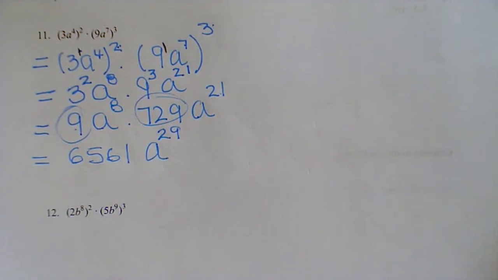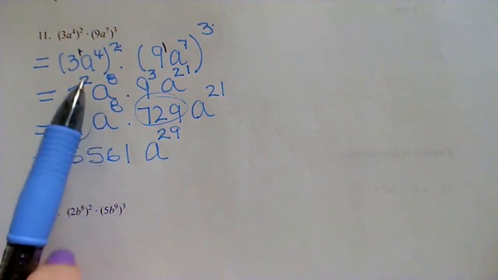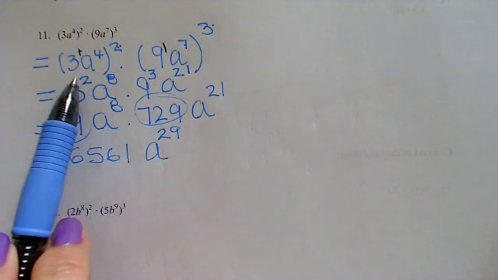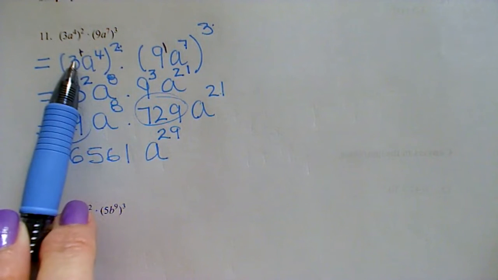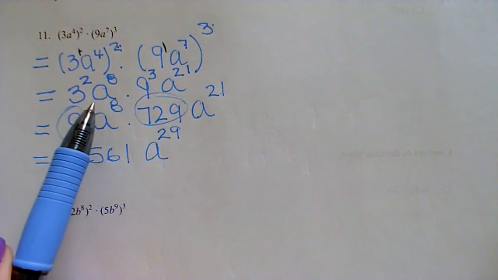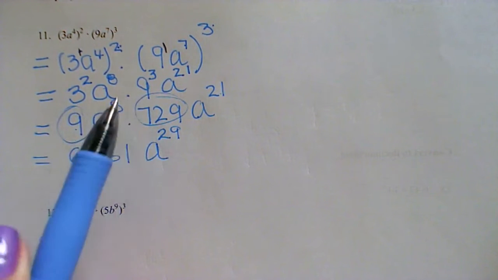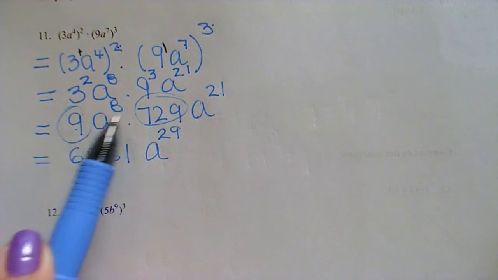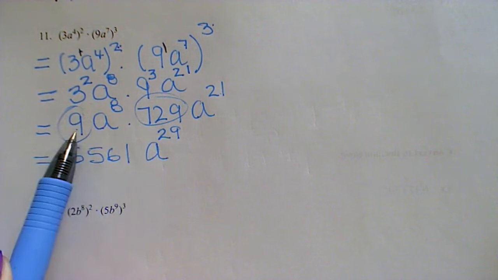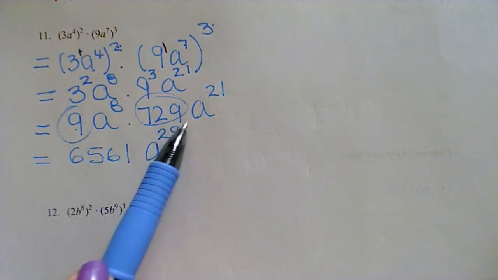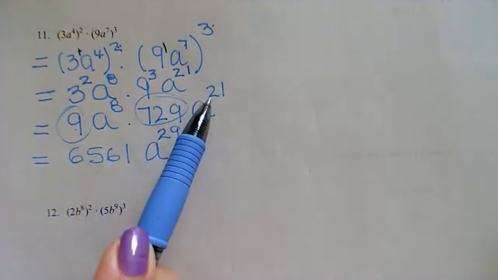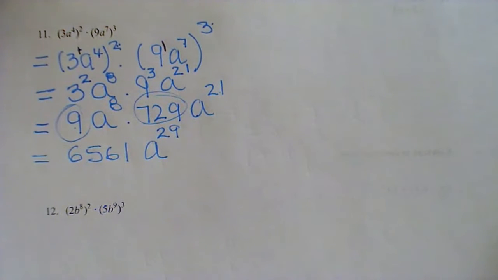All right? So first, I did the property power to a power. That's what I did. Then, because we have the same base, I'm going to add the exponents. That's what I did.